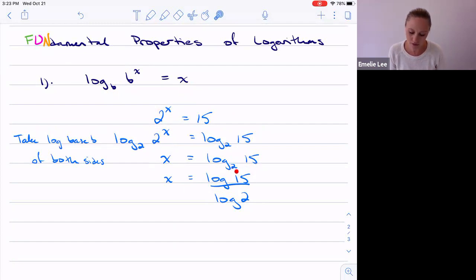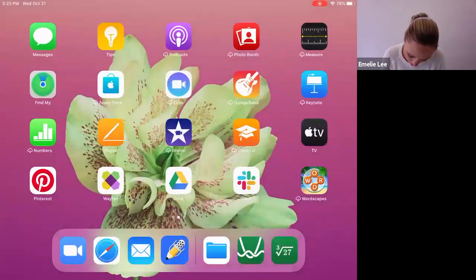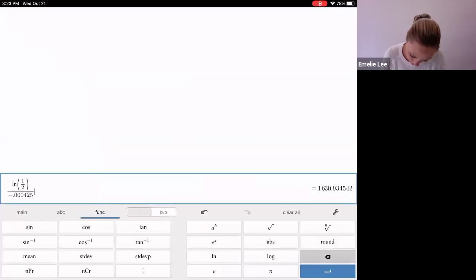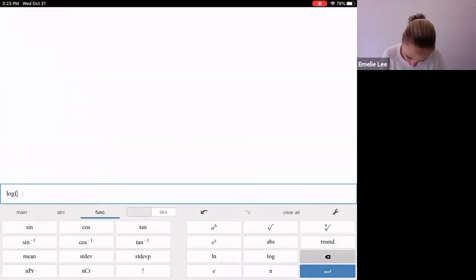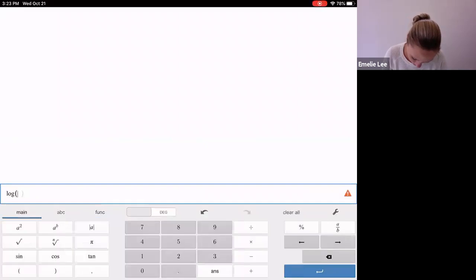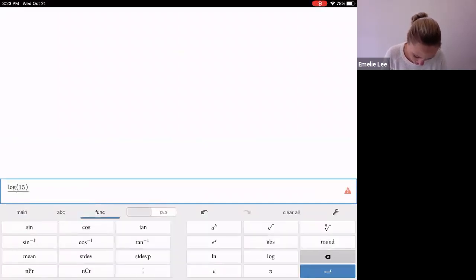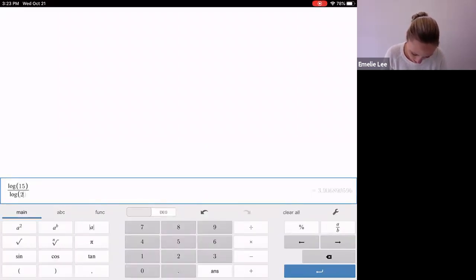And then because we don't have a log base 2 button, we have to convert this to log base 10 or log base e of 15, and then the same log of 2. So we get log of 15 divided by the log of 2.